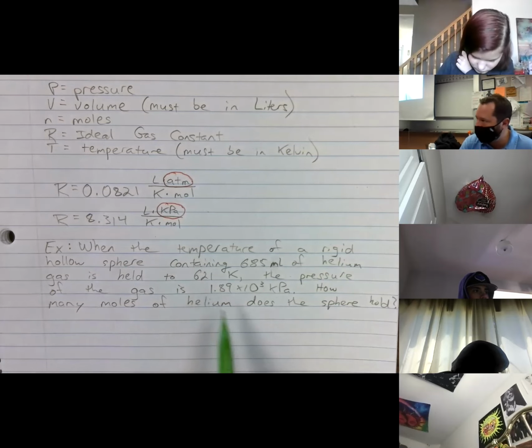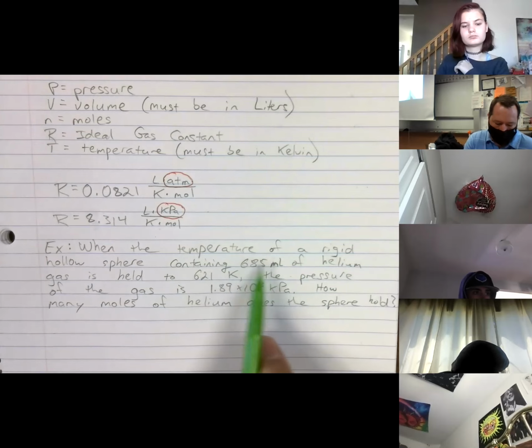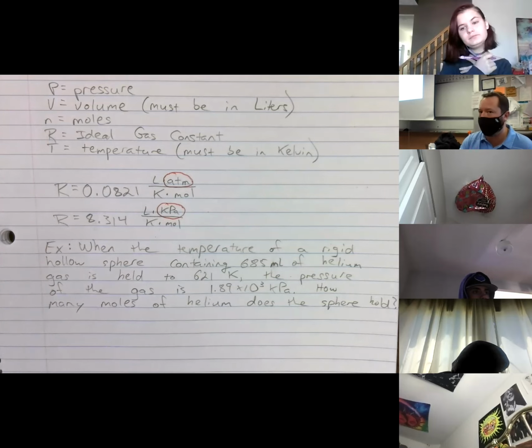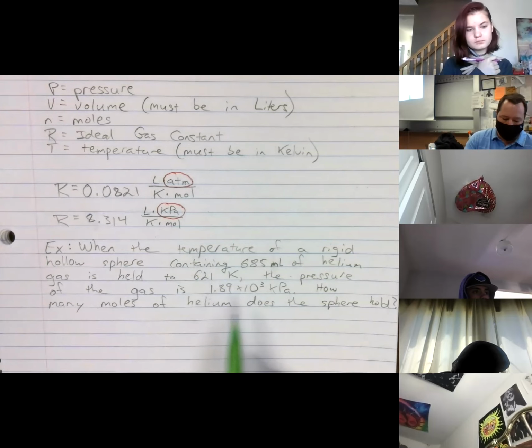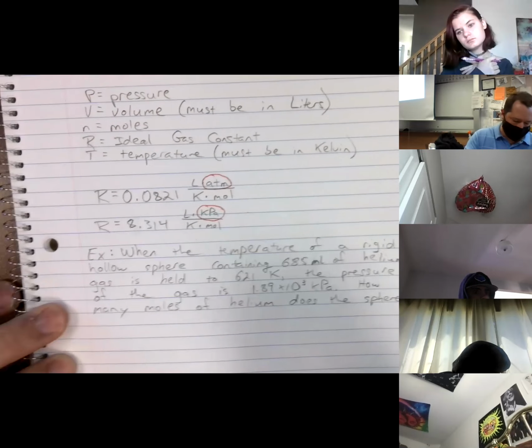Secondly, you've only got one of all the different variables, like only one temperature, only one volume, only one pressure. Remember, for all those other ones, the temperature or the volume or the pressure changes. You have a P1 and a P2, a V1 and a V2. So only one of every variable, and it's asking for moles, definitely working with PV = nRT.